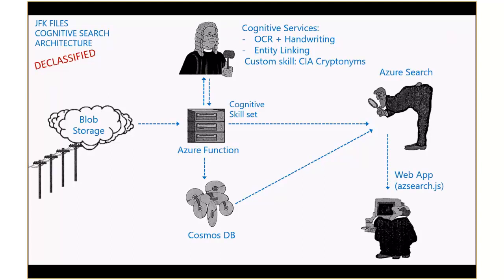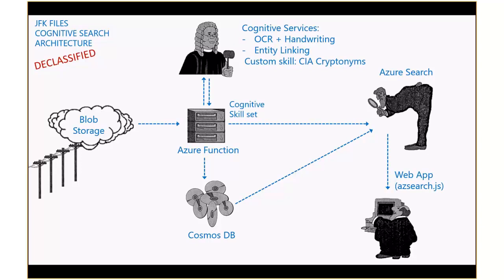Every time a new file is uploaded to blob storage, an Azure Function triggers the cognitive search pattern. Each document is submitted to the Computer Vision API for OCR and handwriting analysis. The extracted text is submitted to the Entity Linking and the CIA APIs. The results are stored in Cosmos DB.